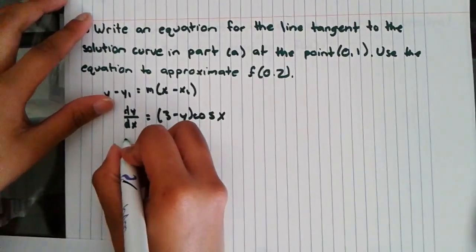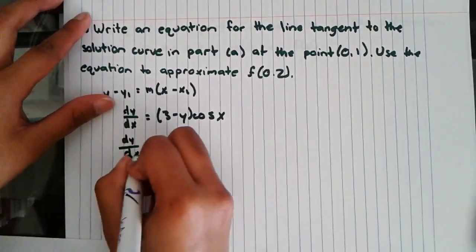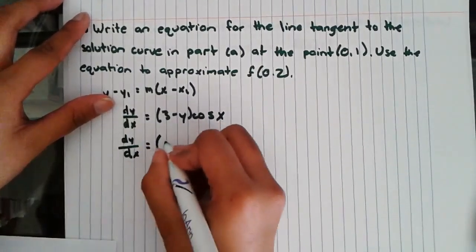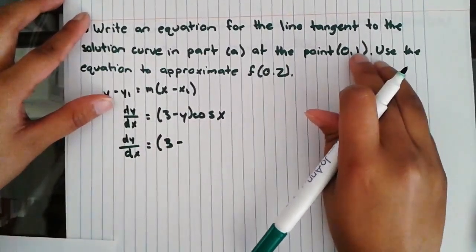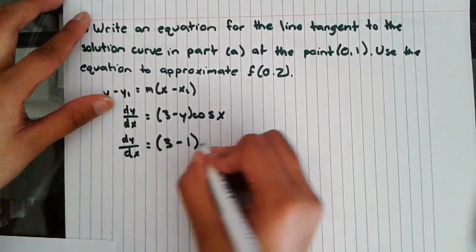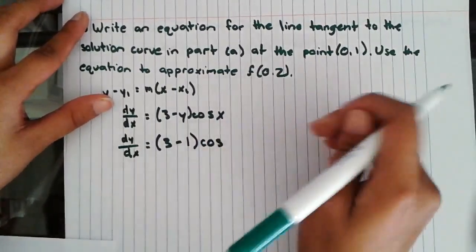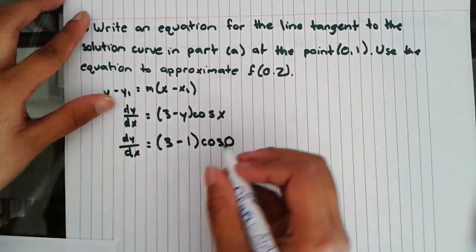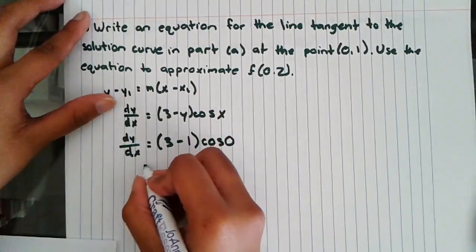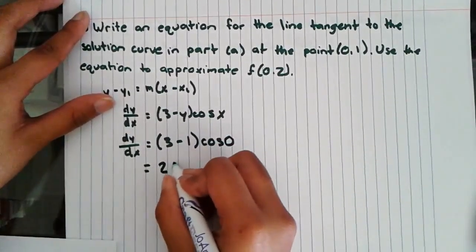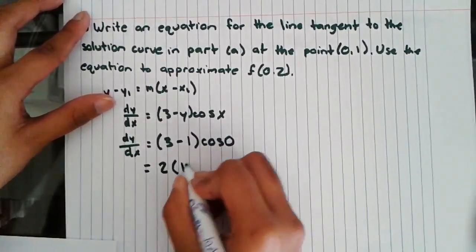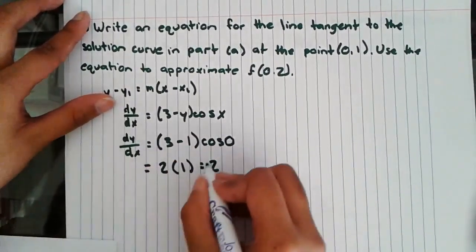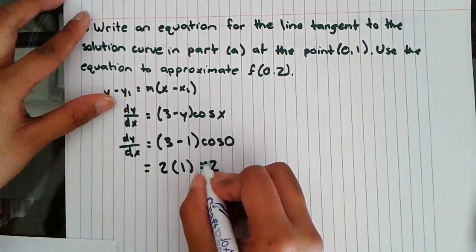So our slope at (0, 1) is 3 minus 1 times the cosine of 0. And that equals 2 times the cosine of 0, which is 1. So 2, and your slope is 2.